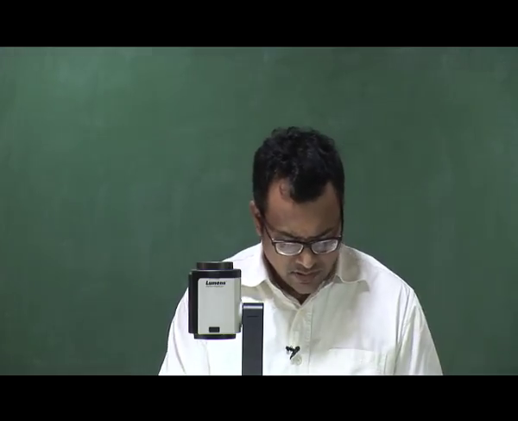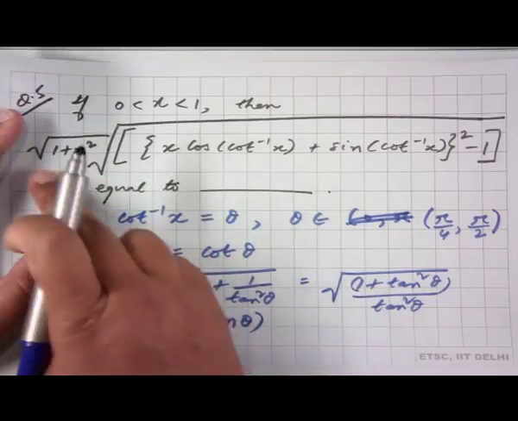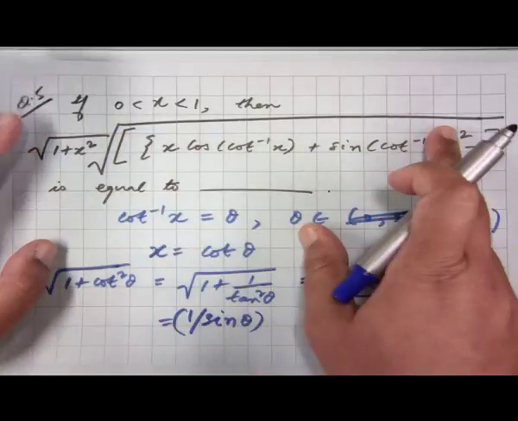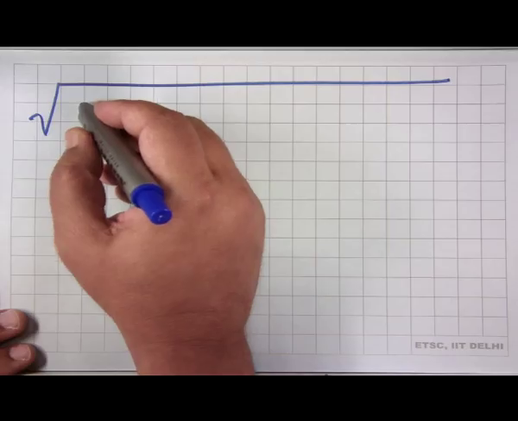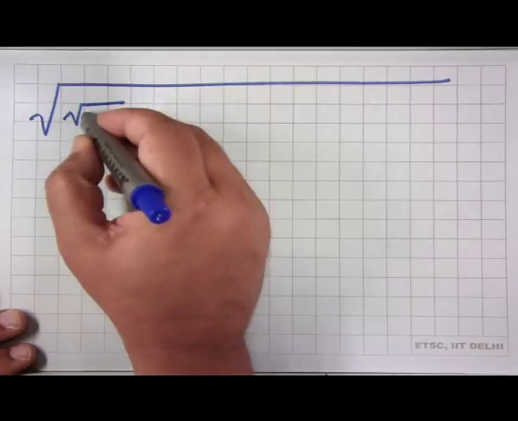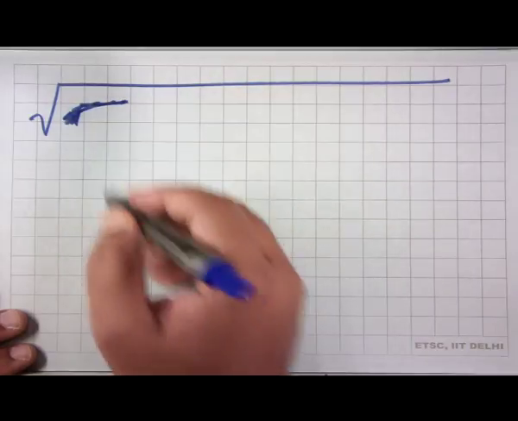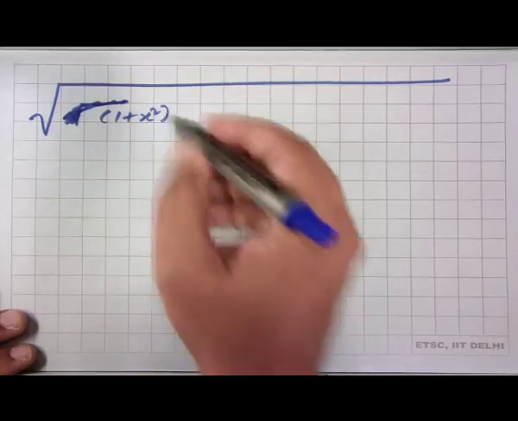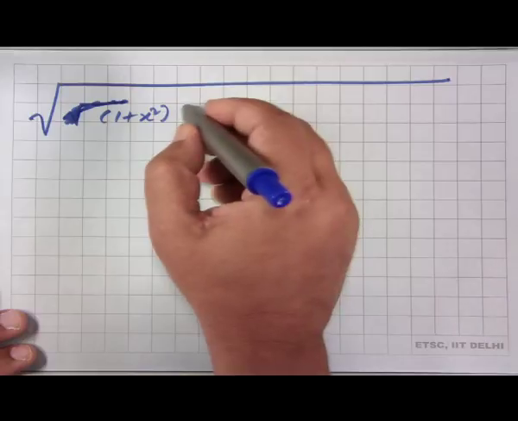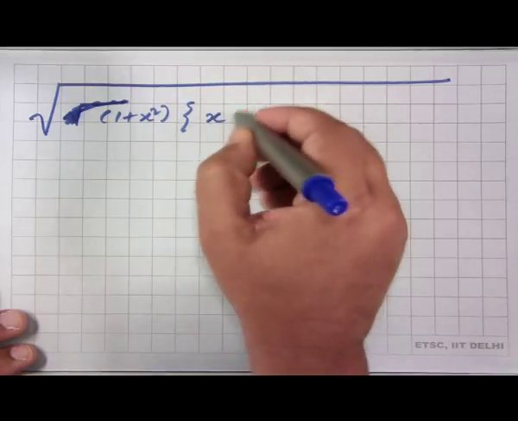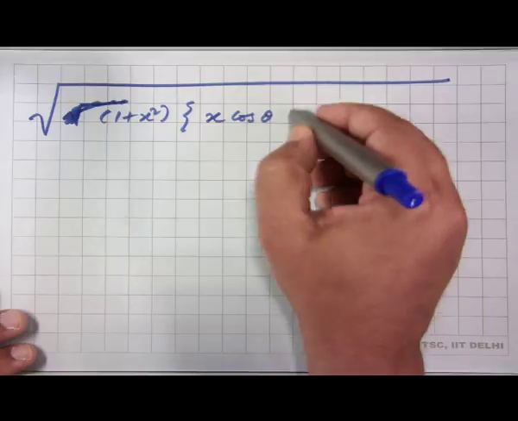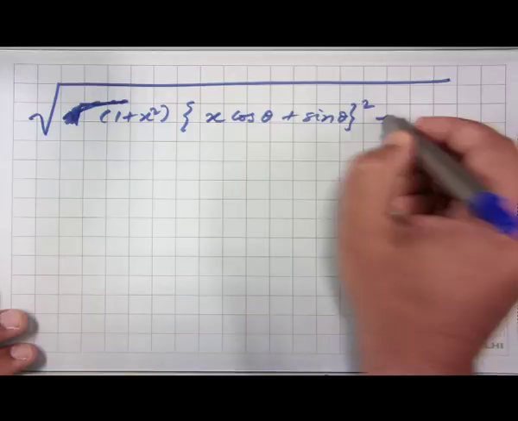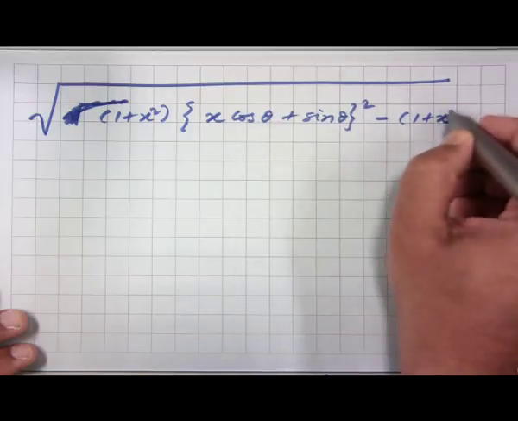So, what we try to do is move this root of 1 plus x square inside this other square root, and then the square root will not be there anymore, because it will be 1 plus x square into x cos theta plus sin theta whole square minus 1 plus x square.